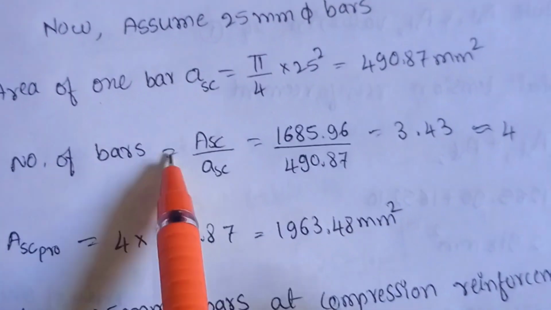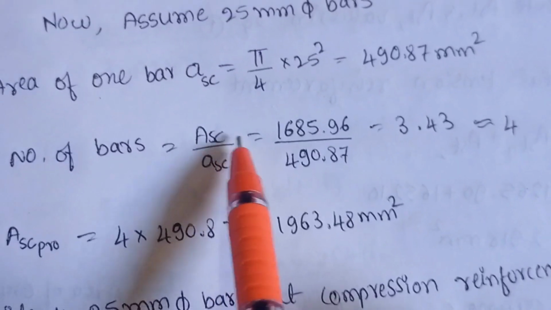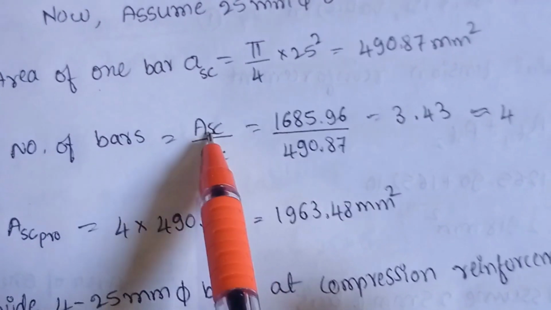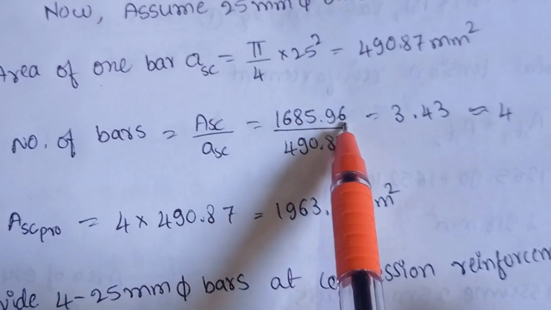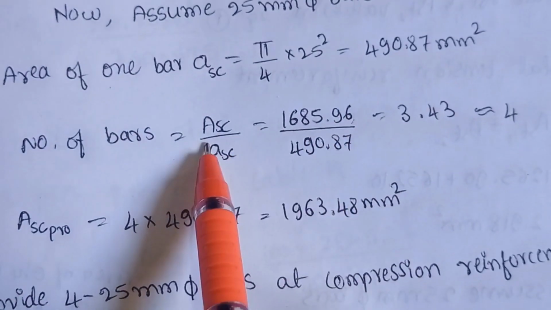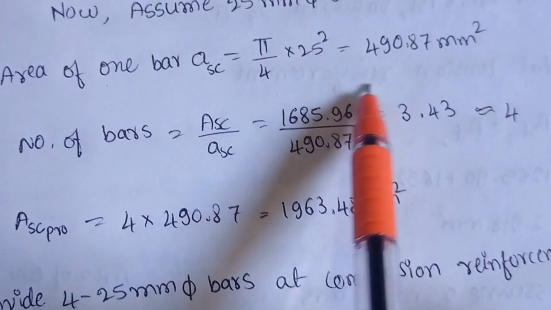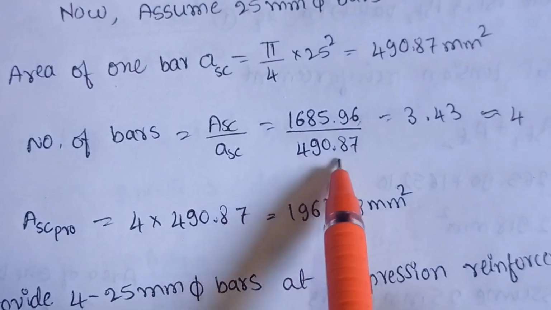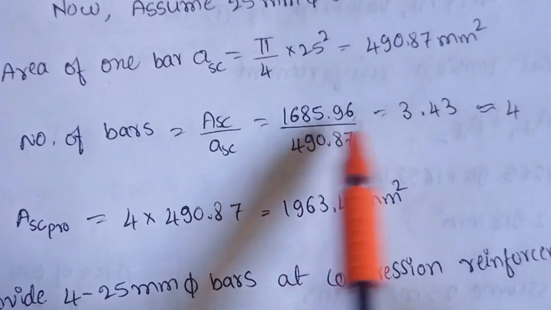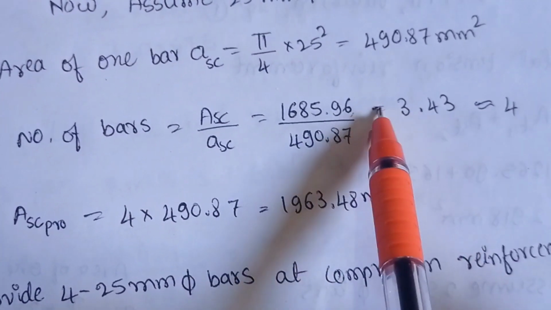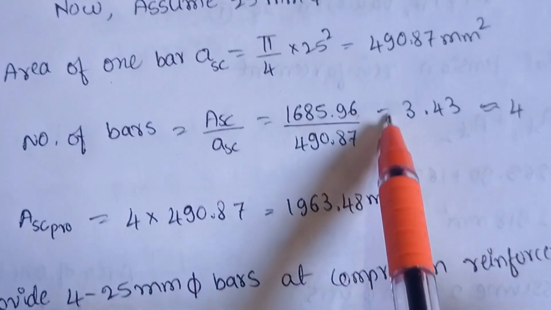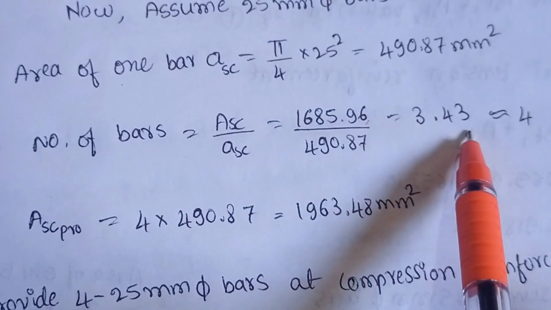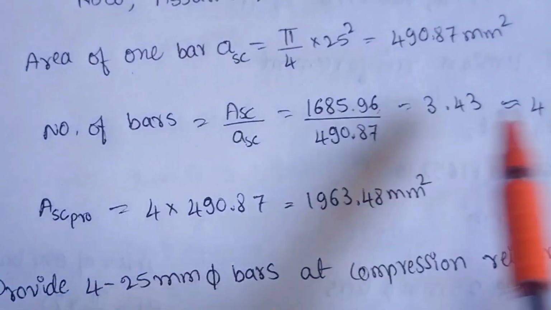After that, we'll calculate the number of bars required. Number of bars is capital ASC, the area of compression reinforcement which we have got, divided by the area of one bar, that is 490.87. After simplifying, we'll get the number of bars as 3.43. We cannot provide 3.43, so I am taking it as 4 numbers.